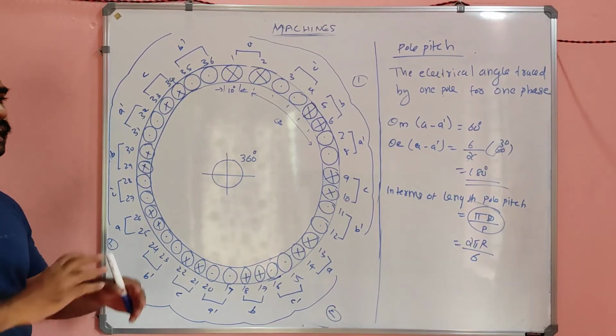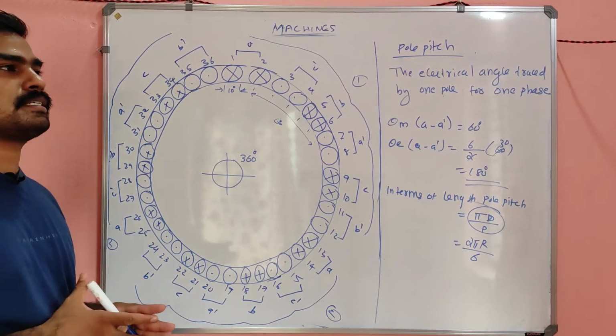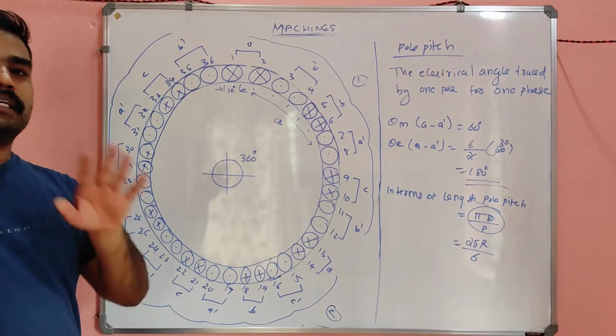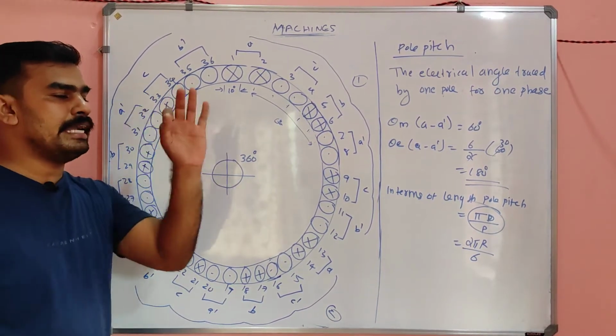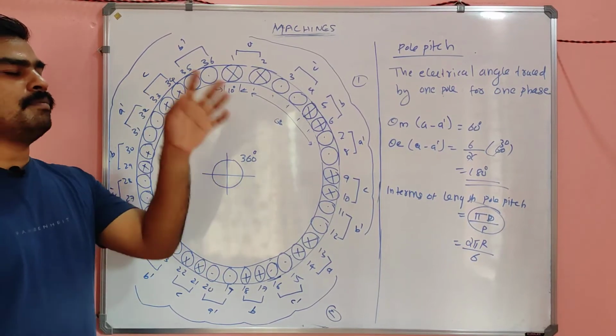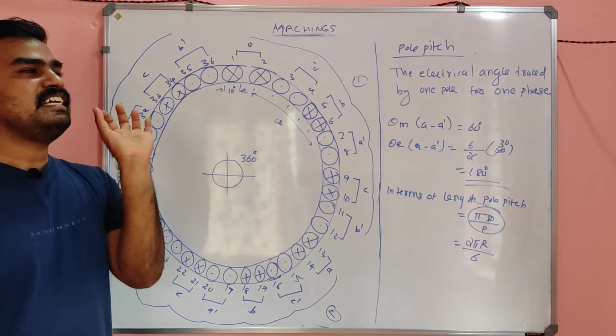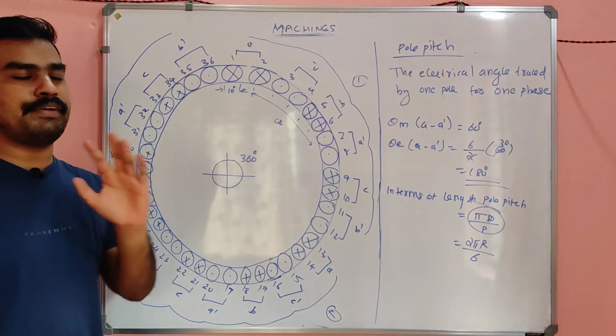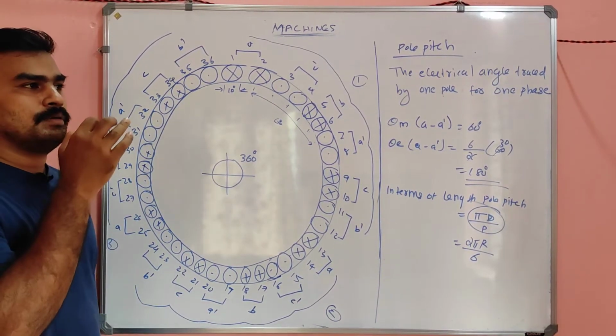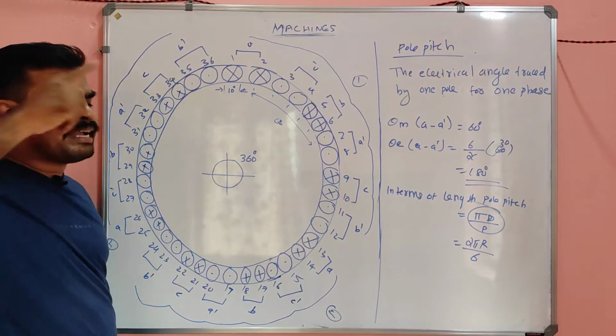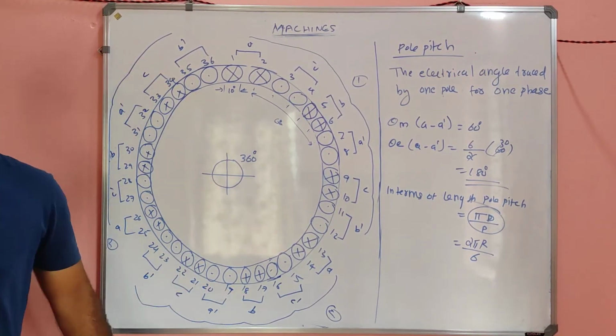So in degree terms, simply my dears, phase spread means how much angle A covers, that is the phase spread. Pole pitch means A to A dash, how much angle is covered, that's all.